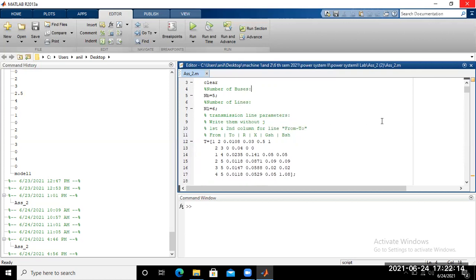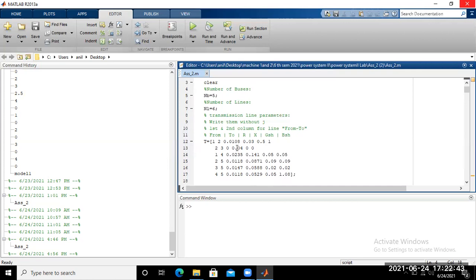So just try to carefully write the transmission line data. Okay. All the things depend on the transmission line parameters. So you should be careful for all the buses connection and their parameters of the transmission line. Okay. So according to the connection, you put all the values here.